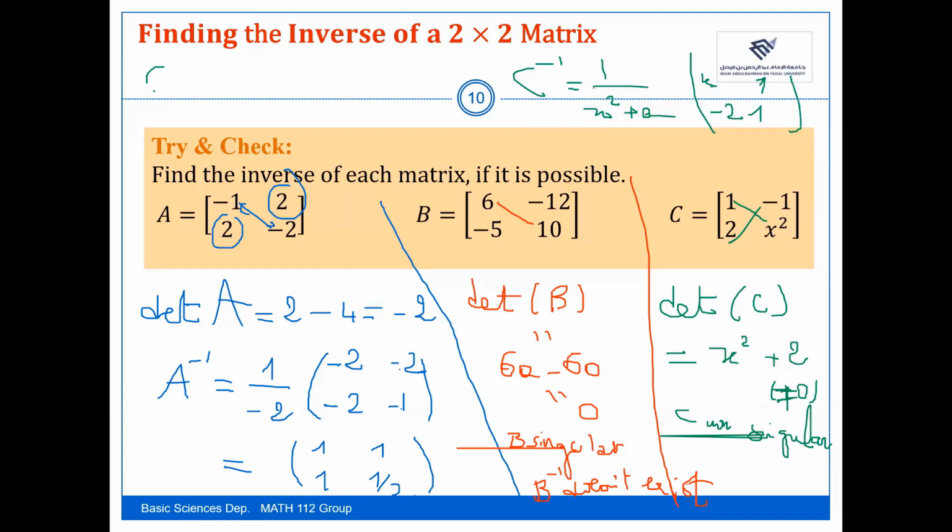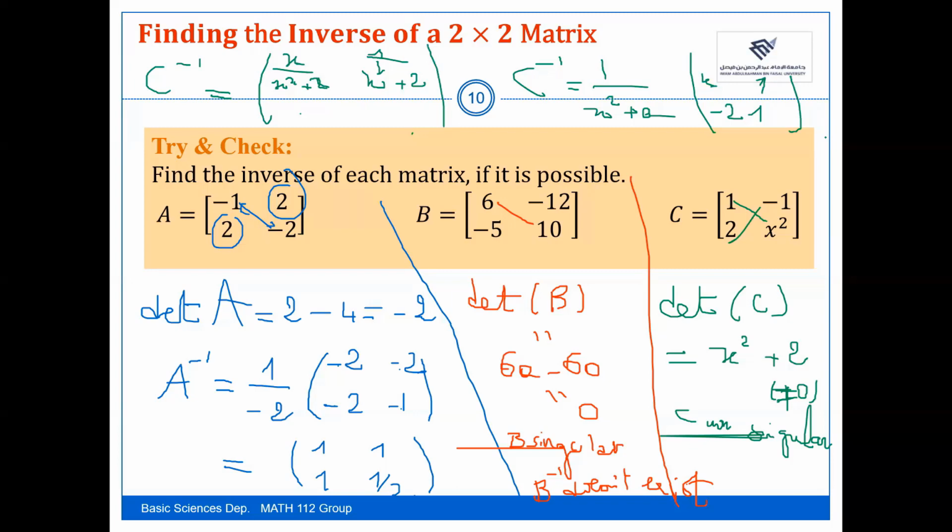So finally C inverse, if you want, here x over x squared plus 2, 1 over x squared plus 2 and so on. قسم كل ال elements على x squared plus 2 and you get the inverse.